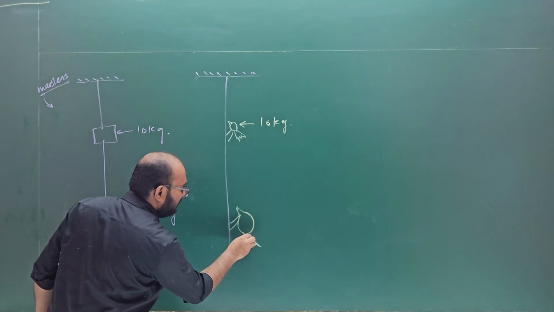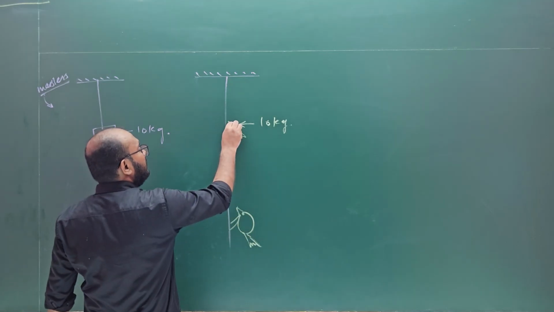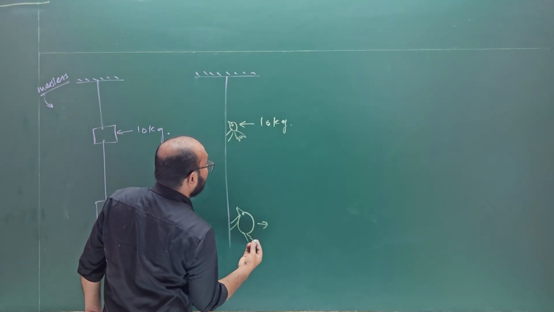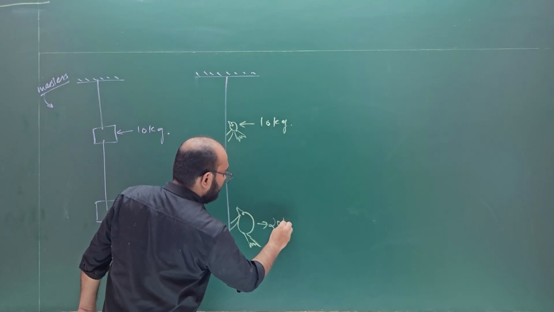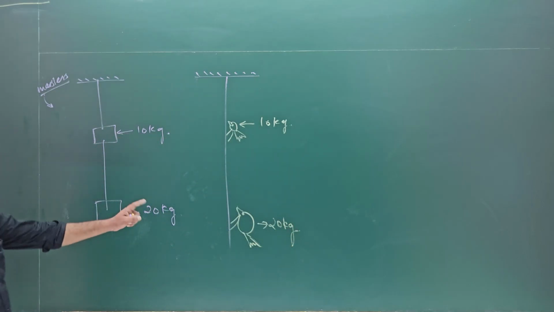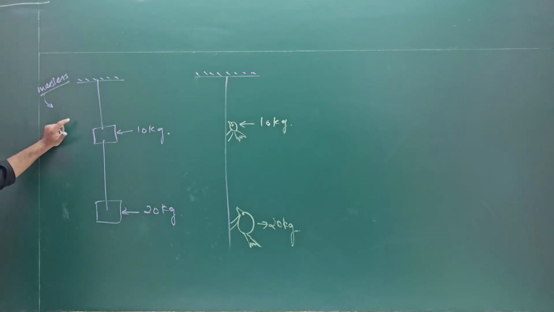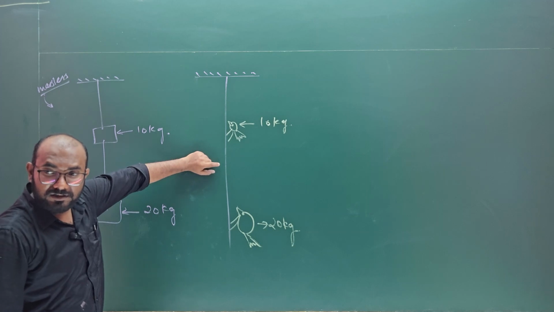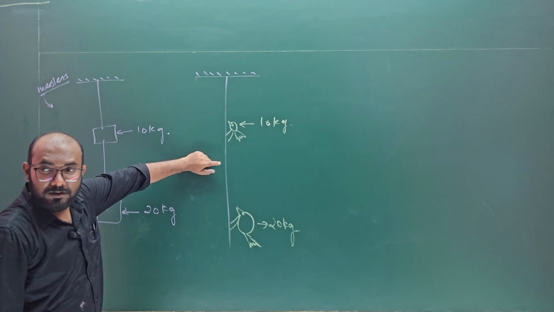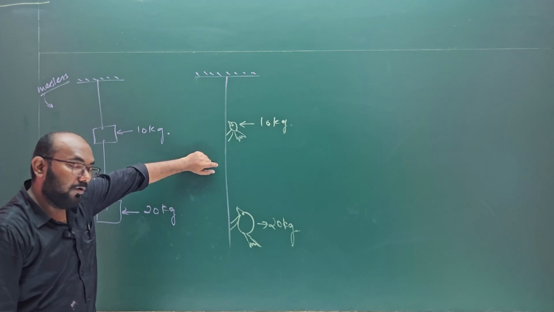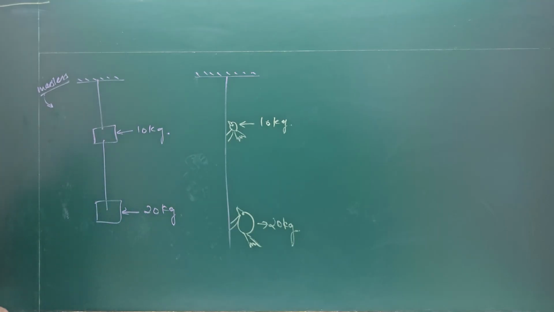Two birds, and this bird has a mass of 20 kg. Tell me the difference between these two cases. First try, find the tension. How many of you say tension will be different? Just raise your hand. How many of you say tension will be the same? In this and in this, tension will be the same. Tension will be different.